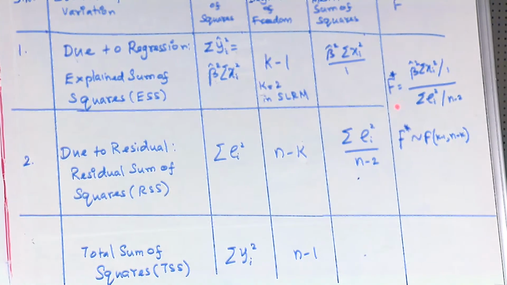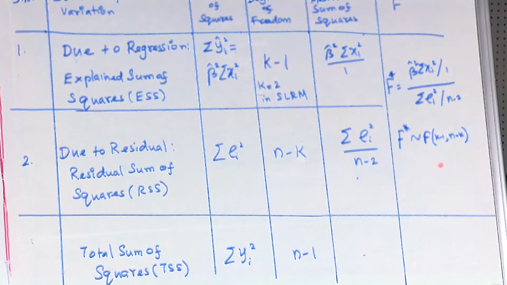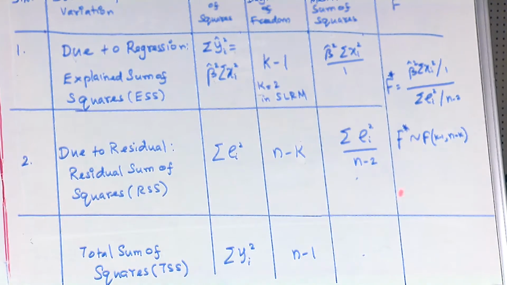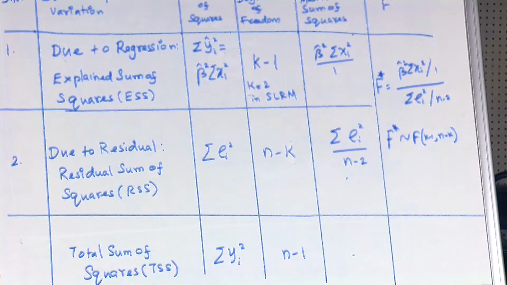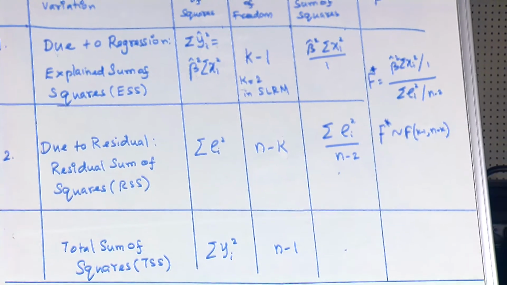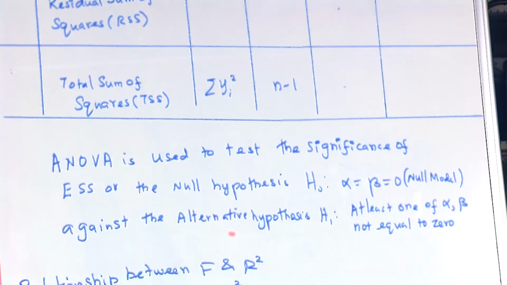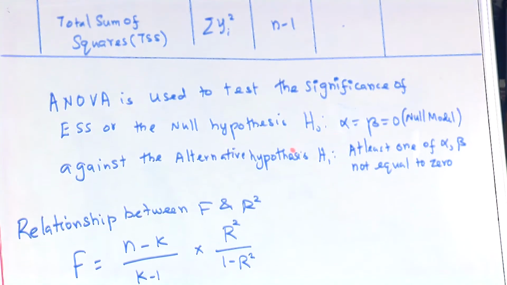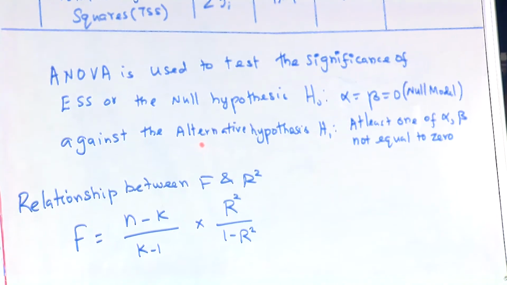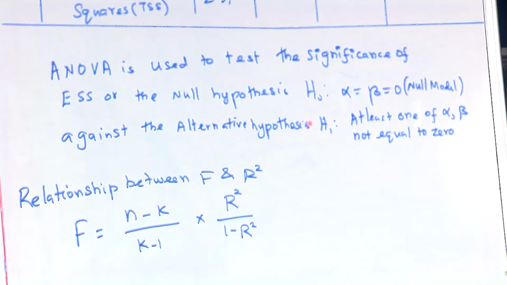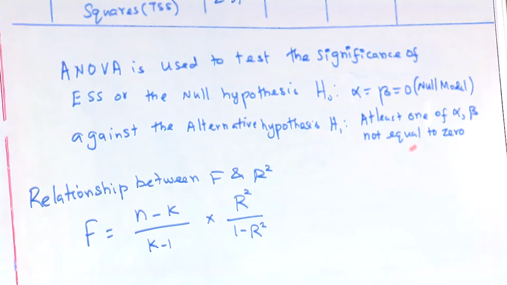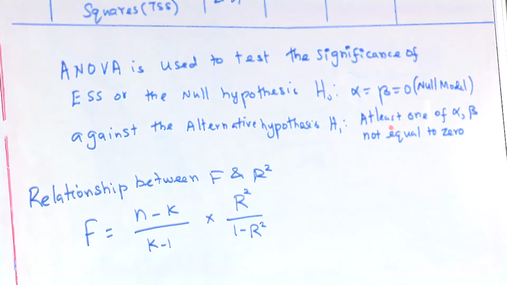Theoretically this ratio follows the F distribution with k minus 1, n minus k degrees of freedom. This ratio can be used to test the significance of the explained sum of squares, or the null hypothesis H naught: alpha equal to beta equal to 0, that is the null model, against the alternative hypothesis H1, that is at least one of alpha or beta not equal to 0.